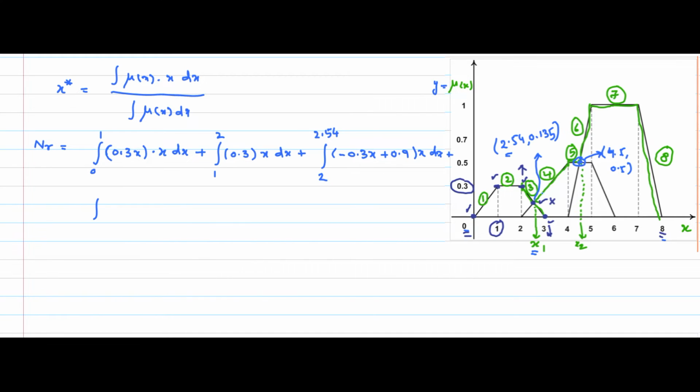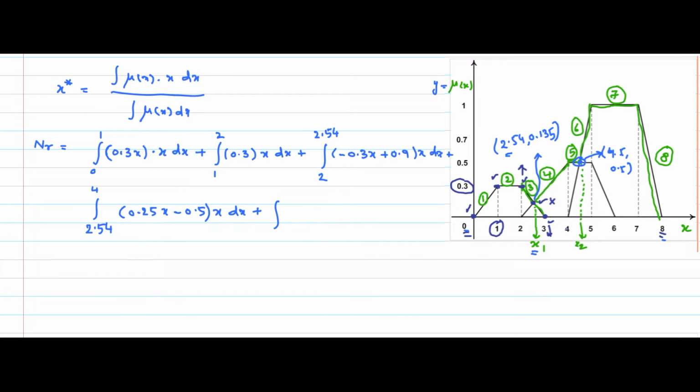Now the fourth line equation. The fourth line starts from x1 to 4. What is x1? It is 2.54 to 4, and the equation is 0.25 into x minus 0.5, into x dx, plus the integral of the next, the fifth equation.